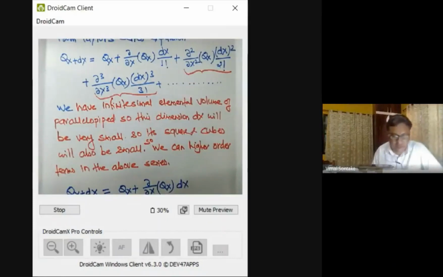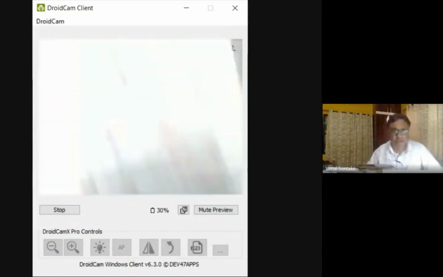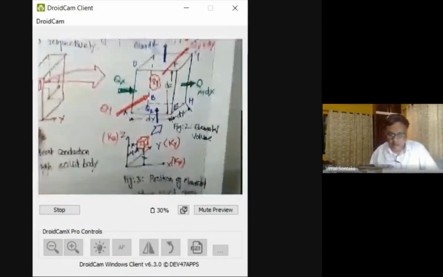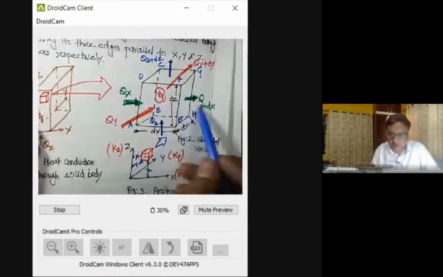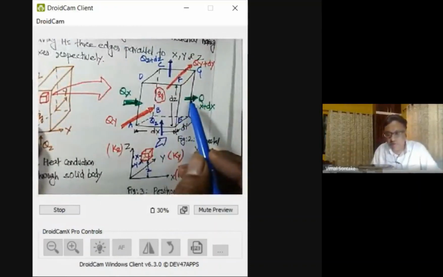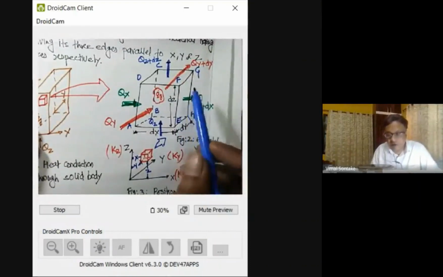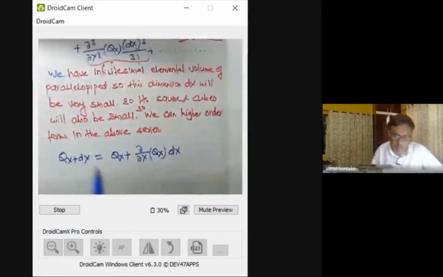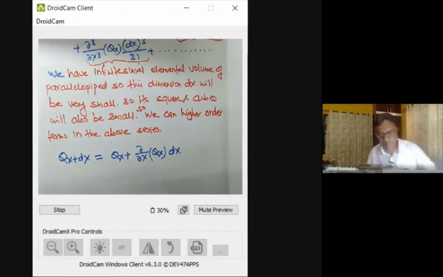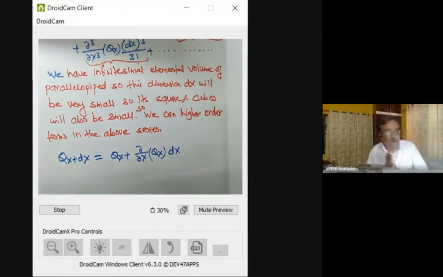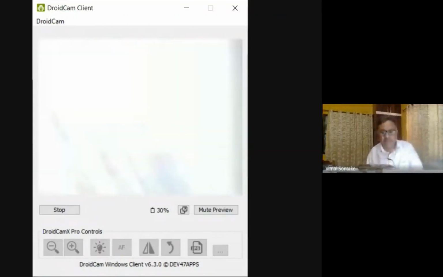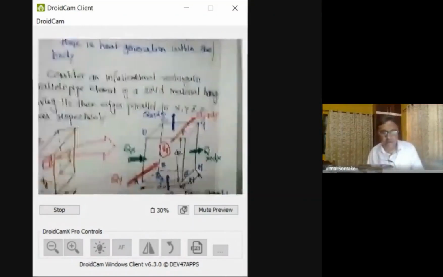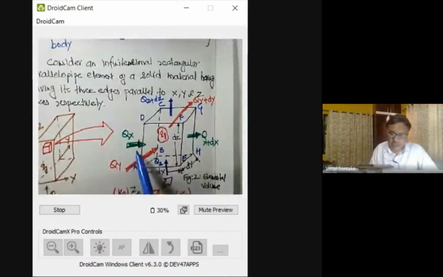So this Qx plus dx is the amount of heat which is leaving the elemental control volume in the x direction and normal to the face EFGH. So this is the required expression for Qx plus dx equal to Qx plus del over del x of Qx into dx. Now what is happening? As I am saying, heat is entering into the left face.